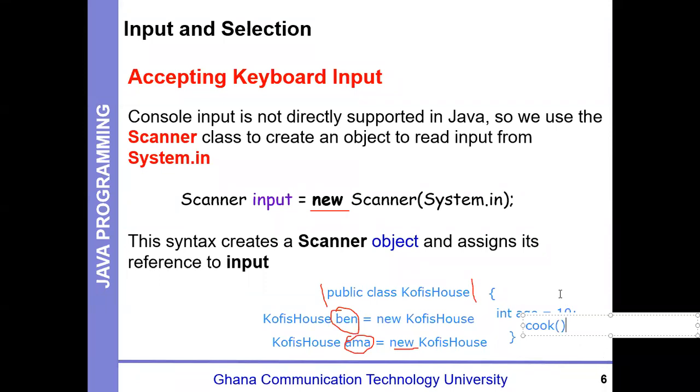Then it means any object I create out of Kofi's house will have the age being 10, and then the only activity or function they can carry out is to cook, because that's what has been defined within the class. They can't do any other thing. If you want them to do any other thing, then you have to include it in there. And so it tells you that you can create as many objects as you want out of the class that you have defined.